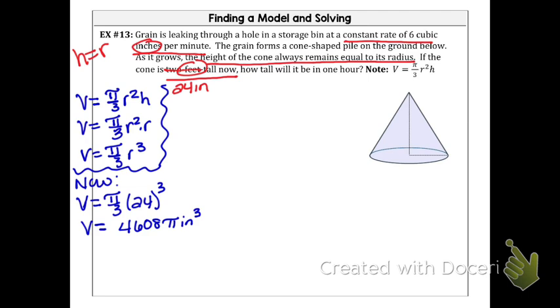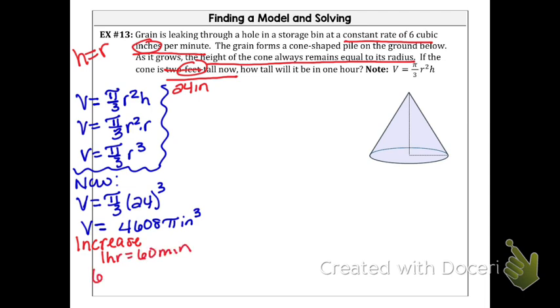Now it's increasing because that grain is leaking, and it's leaking at the rate of 6 cubic inches per minute. And we want to know the height in 1 hour. Okay, so 1 hour is 60 minutes.